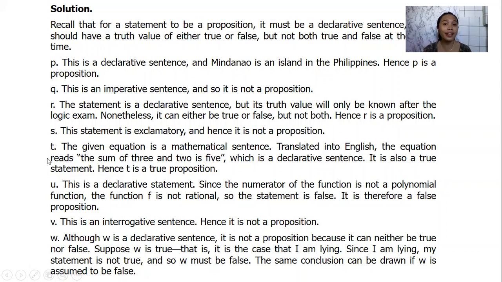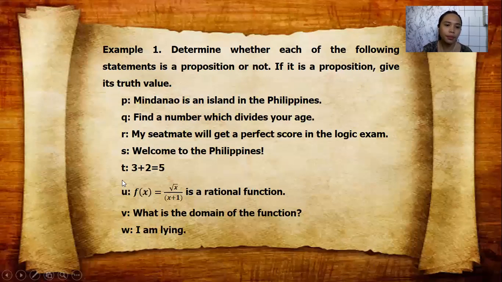So it's a declarative sentence because it is declaring that the sum of those two numbers is 5. So therefore, it is a proposition. And since 3 plus 2 is really equal to 5, it is a true proposition.